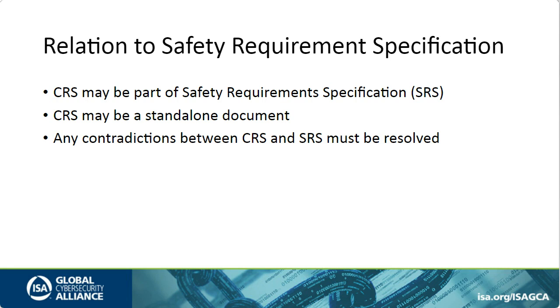That's up to the individual companies, whatever works for them. The one thing that is important is if there are any contradictions identified between the cyber requirement specification and the safety requirement specification, they must be resolved so that you've got a fundamentally sound basis going forward.